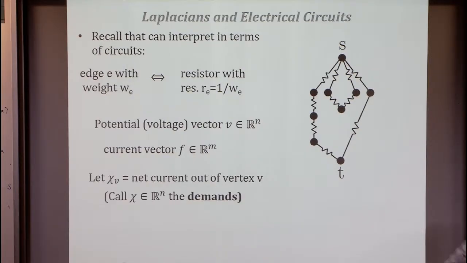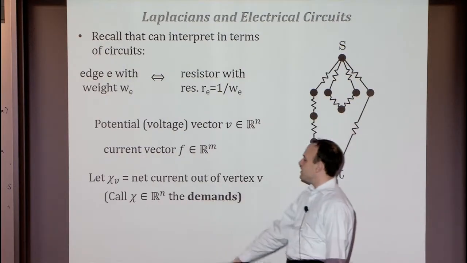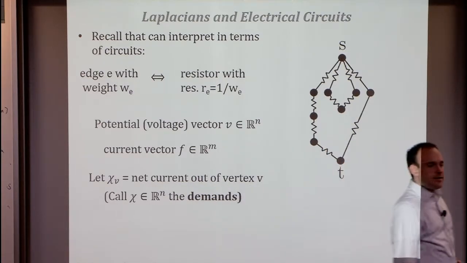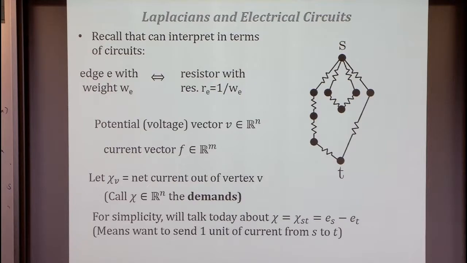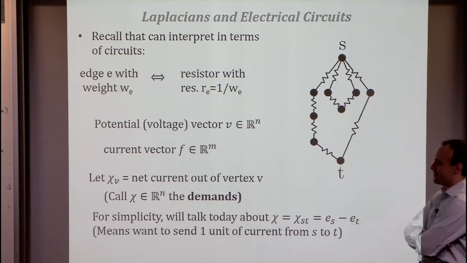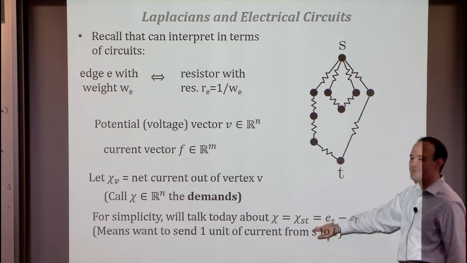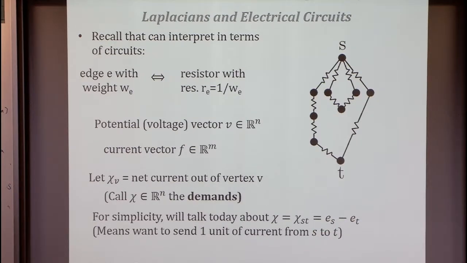If we let chi_v be the net current out of a vertex v, then those we'll call the demands. So think of it as current that comes into or out of the graph. For simplicity, it's nicer when you draw electrical circuits to not have current coming into and out of every vertex. So I'm fairly consistently throughout the talk going to make the demands we're trying to solve be chi_st, one unit of current into s and out of t.